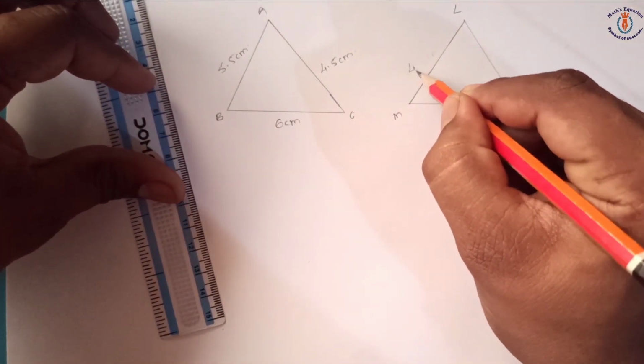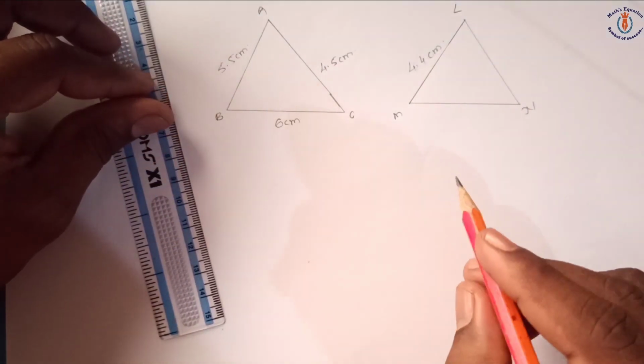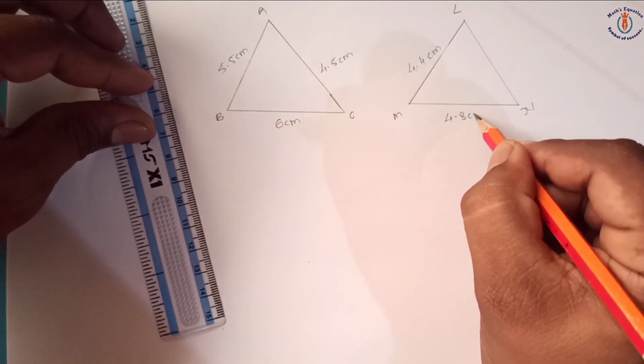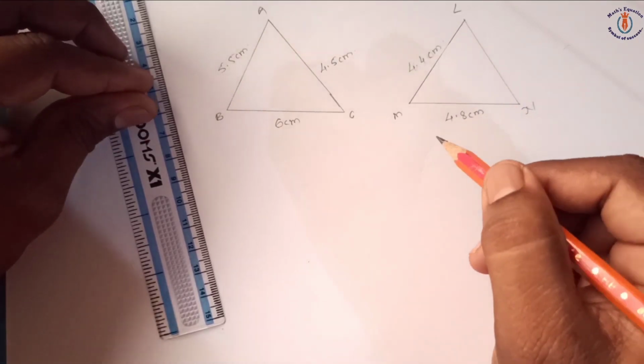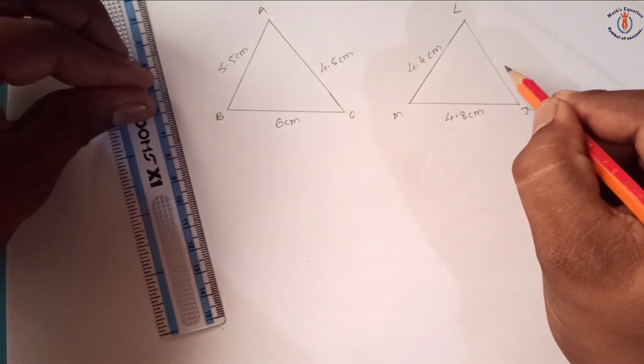We got that 4.4 centimeter, this one. Then MN is equal to 4.8 centimeter, like this. And the last side, this is LN, which is 3.6 centimeter.